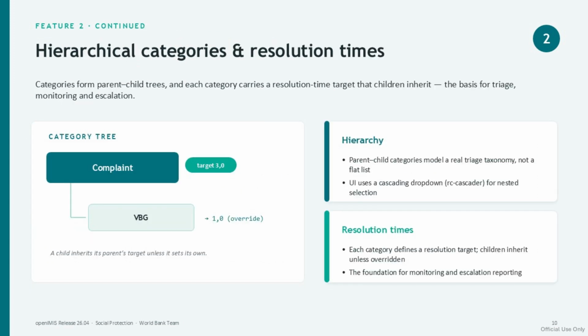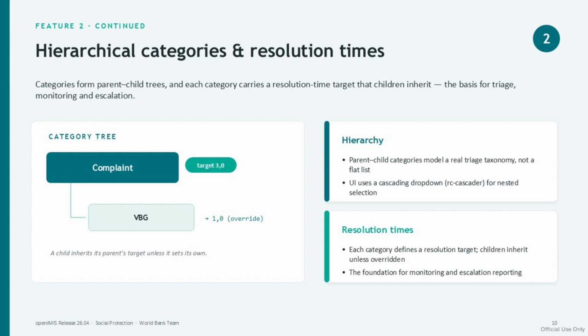On the hierarchical category and resolution time, you have a three-level organization where you can have general complaint categories that define their resolution time. Under the complaint category, you can have a GBV category that inherits from what has been defined on the complaint category in terms of restriction and access rights, and can also override these rights.